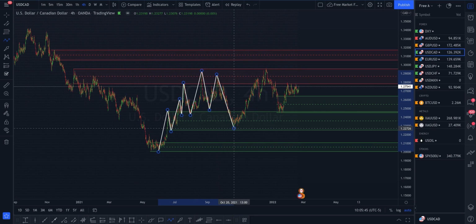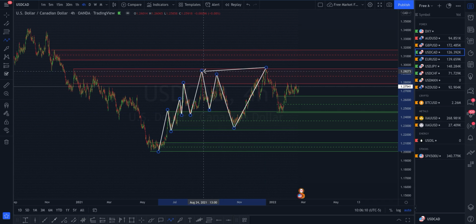Okay. Now, in order for this to go in a reversal for a downtrend, we would need another lower low, which we don't get. I'll just take it all the way up here. There is our higher high.